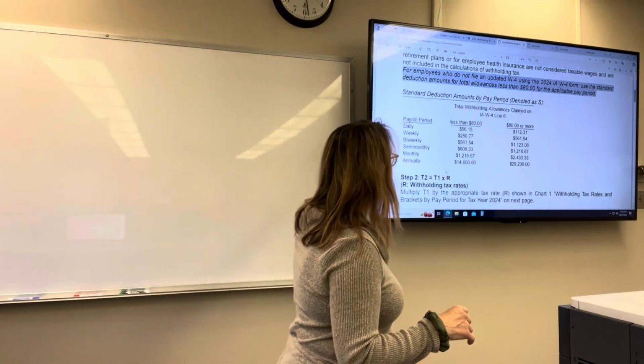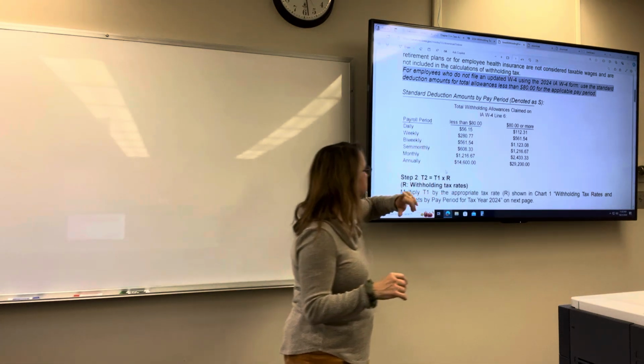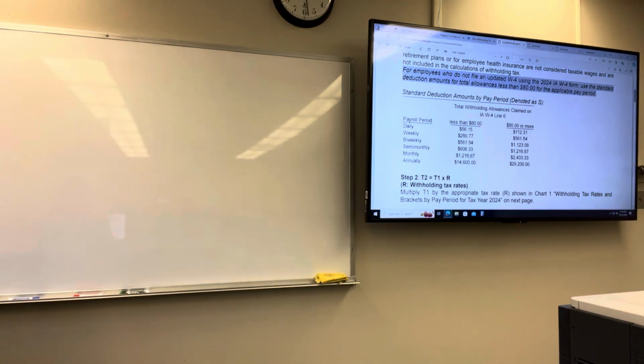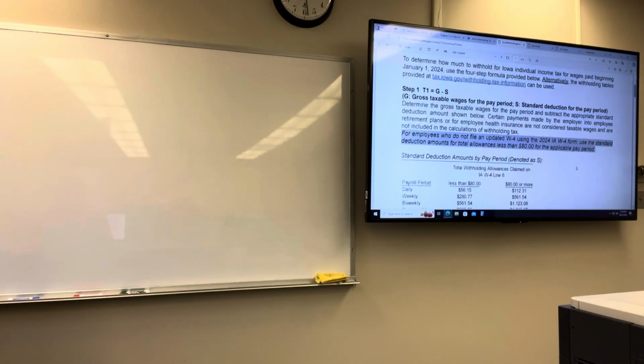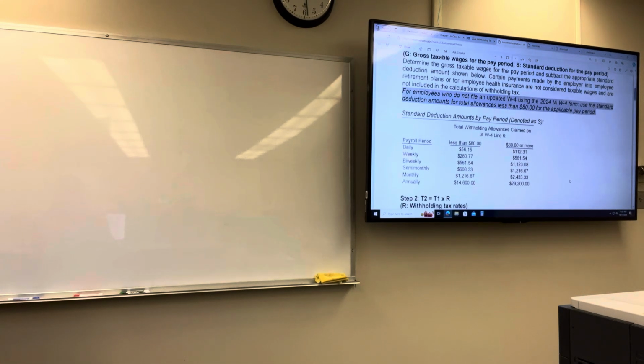If it's biweekly, you're going to subtract, what, 564 or 561.54. I'm sorry, for biweekly, 561.54. So G, whatever the wages are, minus the standard deduction here.